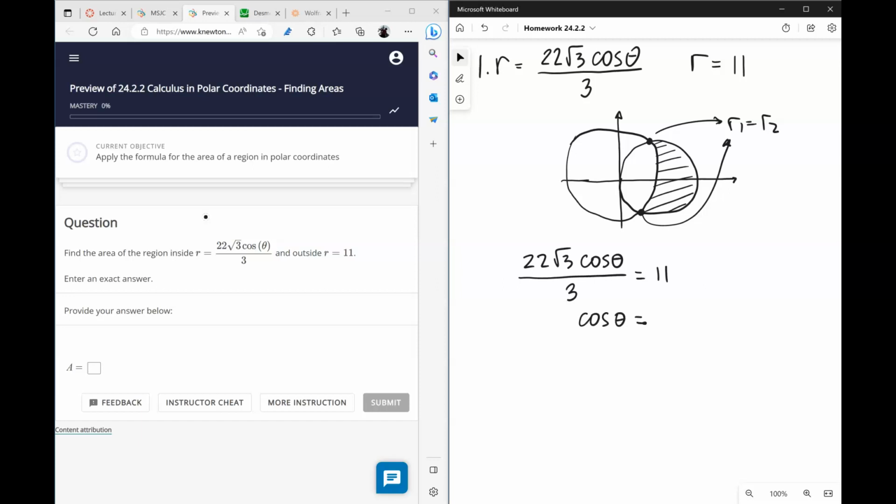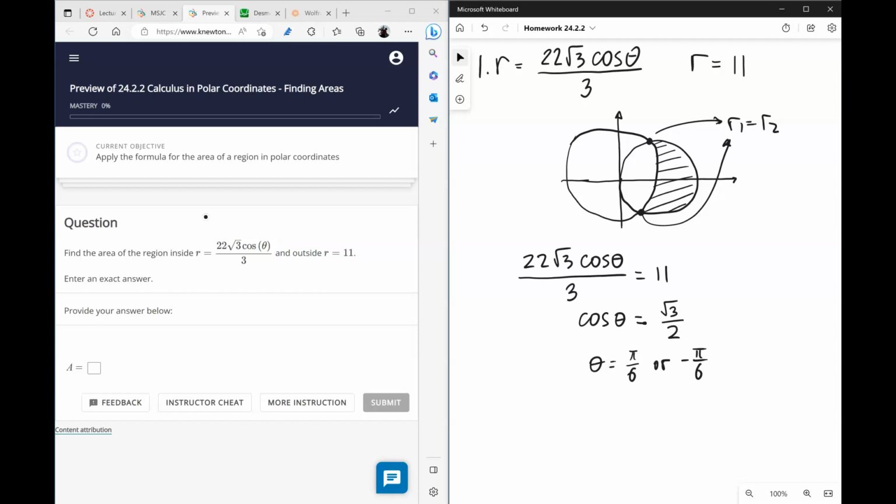Cosine theta will be equal to square root of 3 over 2. And that means theta is going to be pi over 6 and negative pi over 6.